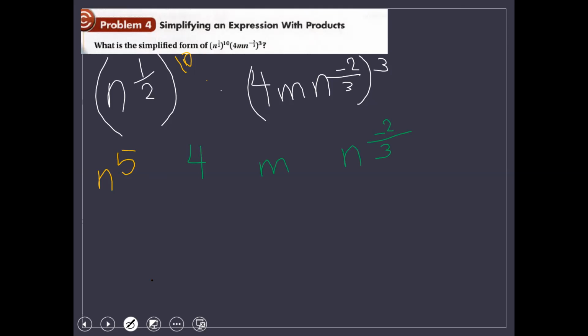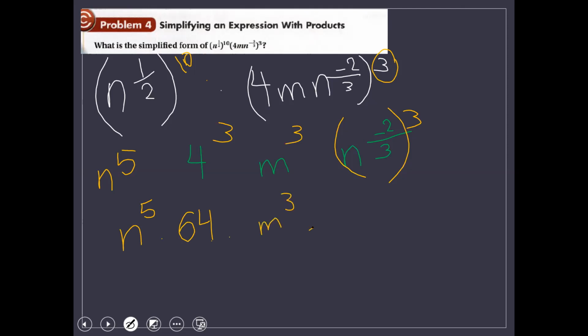And then I'll distribute the 3 into them. 4 raised to 3 is 4 times 4 times 4. 4 times 4 is 16, and 16 times 4 is 64. And this one, keep it as it is. This one, keep it as it is.